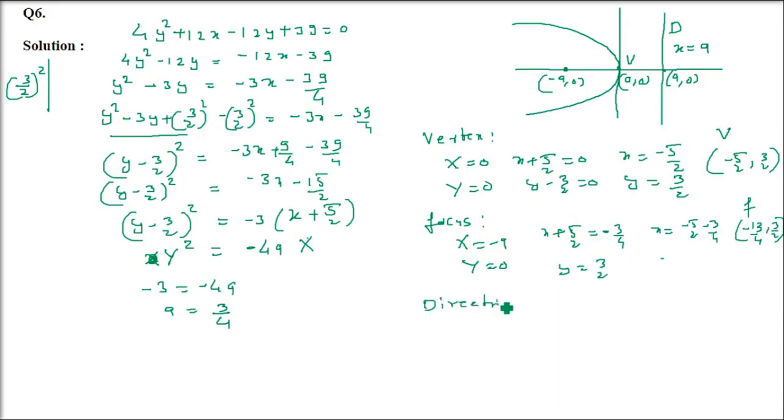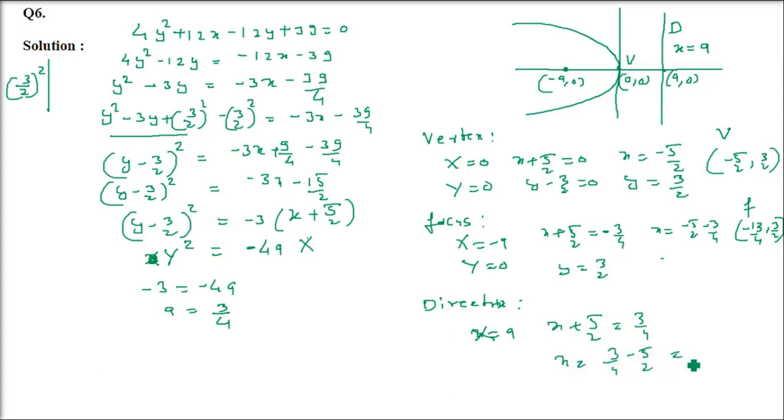Coming to directrix. What is the directrix? Directrix is saying capital X equals a. But capital X is x plus 5 by 2. This equals a, and a is 3 by 4. So x equals 3 by 4 minus 5 by 2.